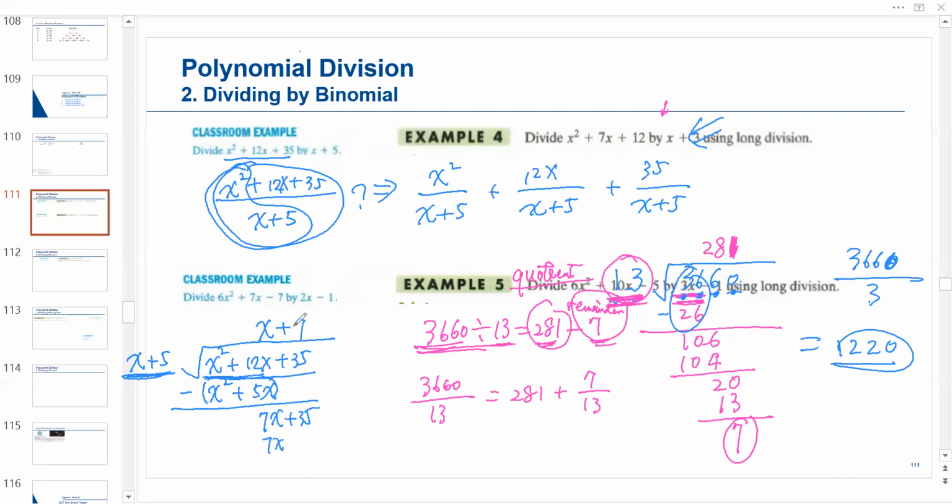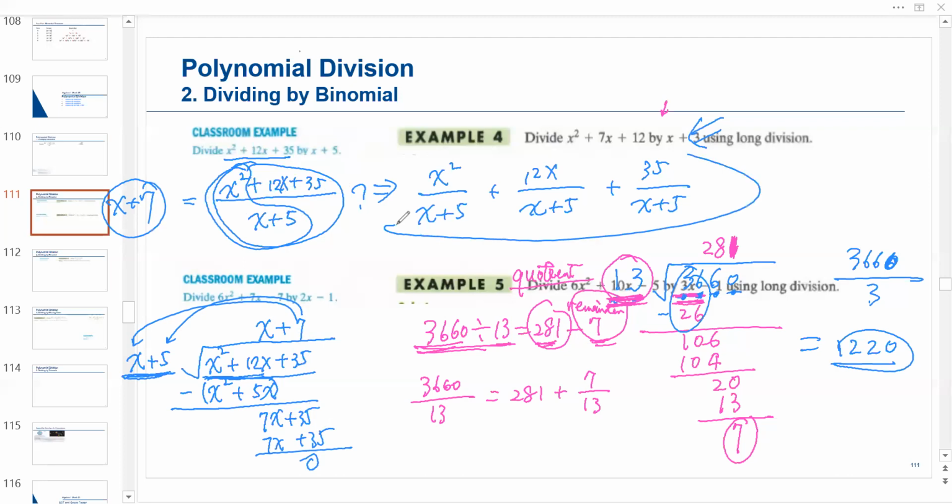So you can go 7 times x, 7 times 5. So the remainder is 0. All right, so it means what? x squared plus 12x plus 35 divided by x plus 5 equals x plus 7. It's much easier than this expression, right? We cannot do it like earlier, the one term in the denominator situation. So this one is much better.